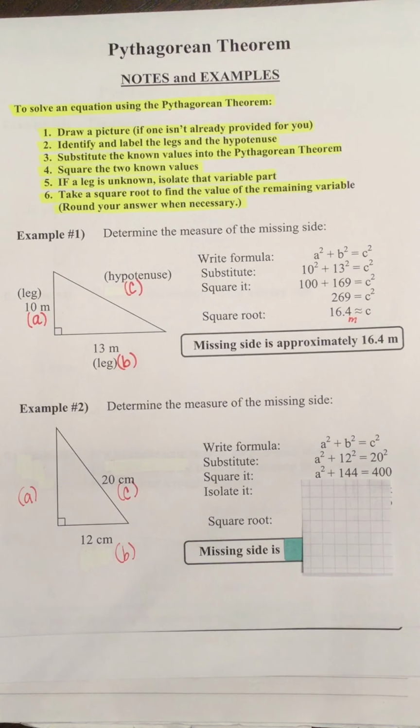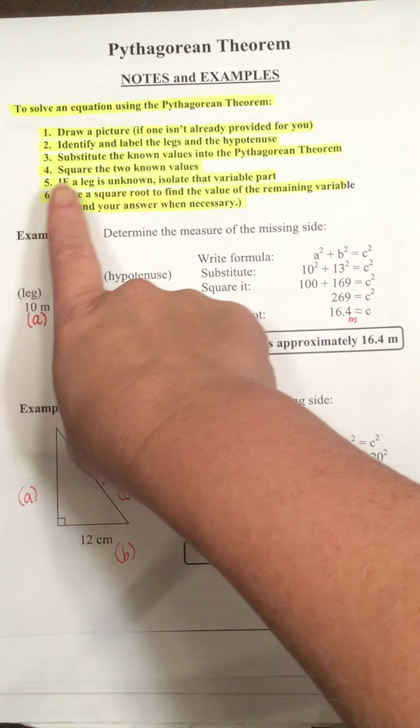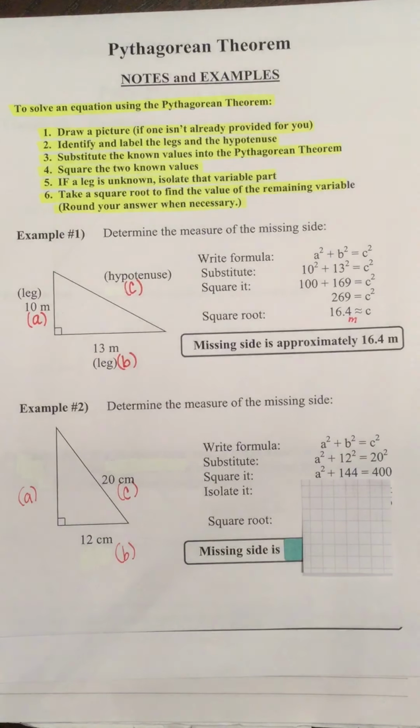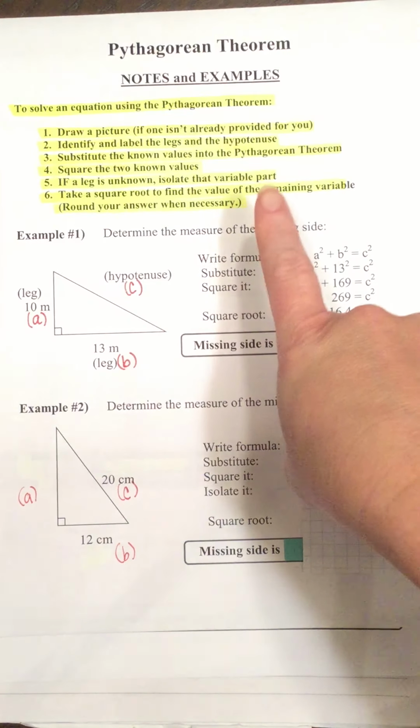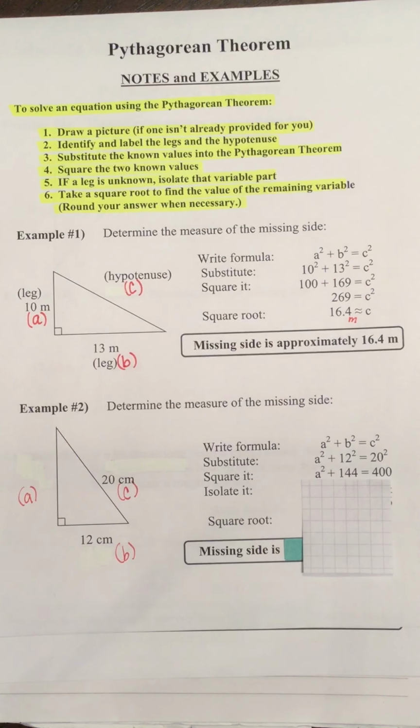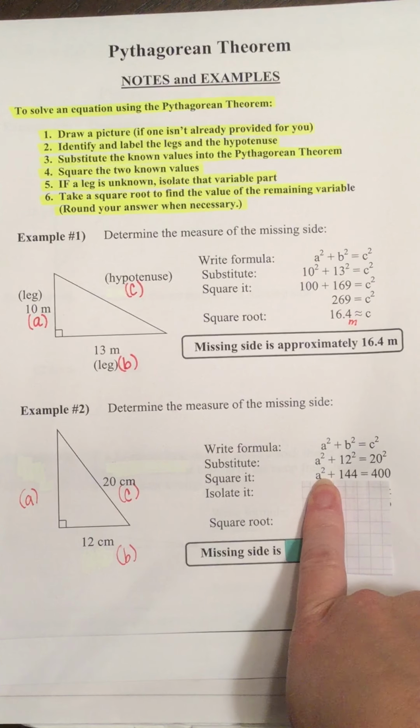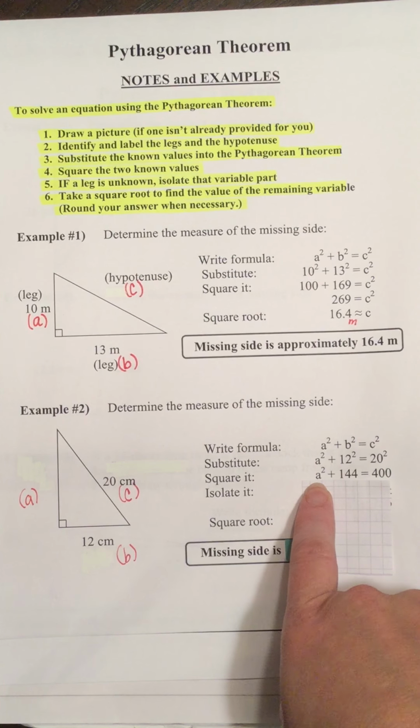So now we go to that step 5. And that step 5 up here is if a leg is unknown, which in this case it is, where leg A is unknown, then we're going to isolate that part. So what that means is that if we're looking for A squared, we need to get that by itself.